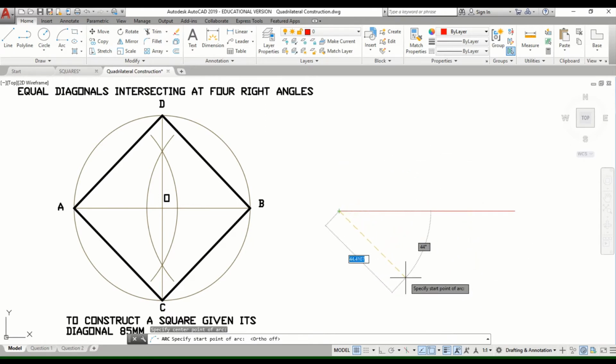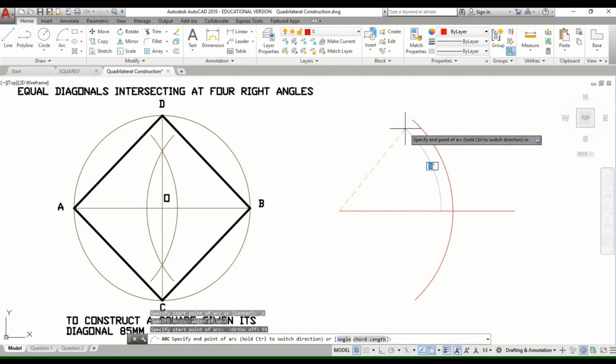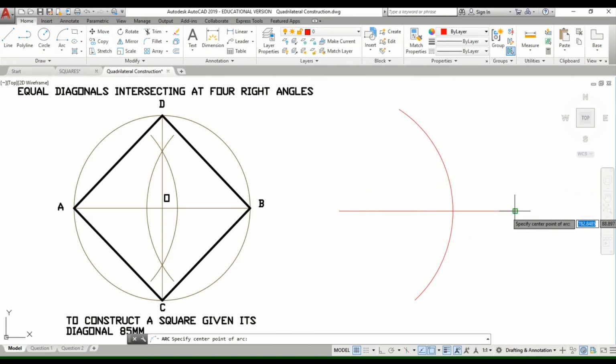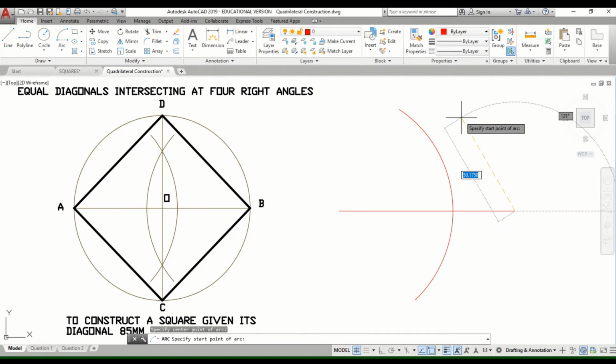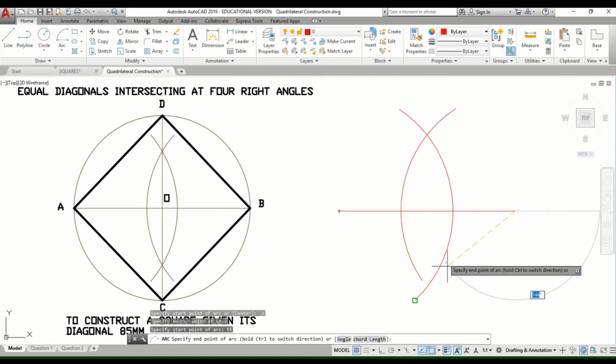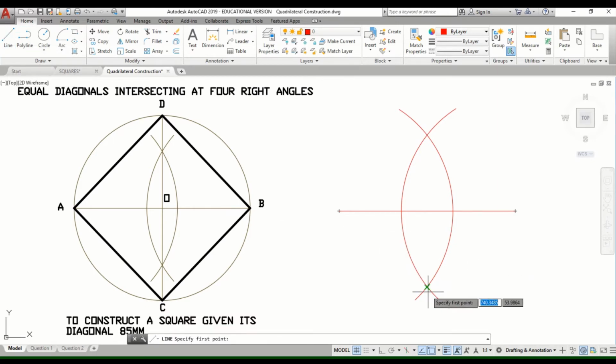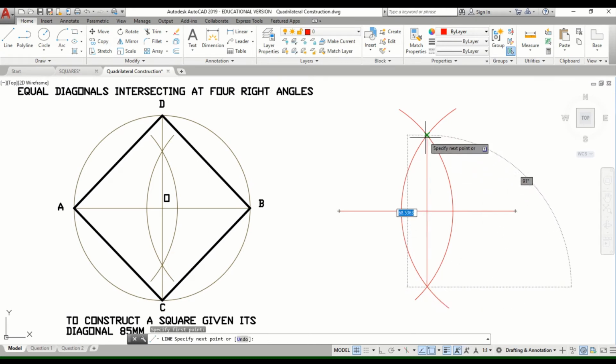The arc must be more than half the length of the given line. So I choose appropriate measurements. In this case, I will be using 55 and swing that arc. I use that same measurement from both ends of the line. And that gives me a bisection. So I also connect the lines.